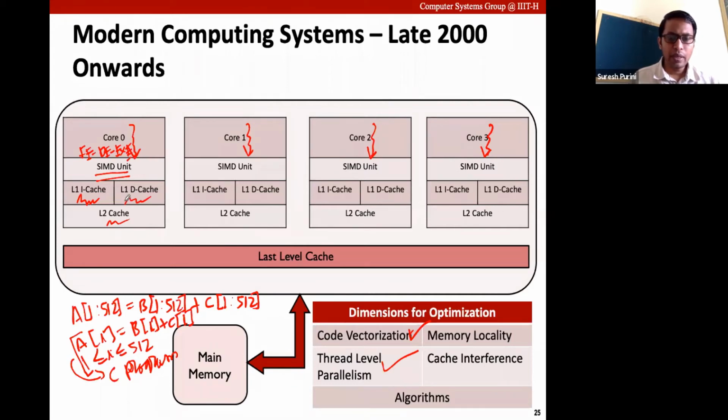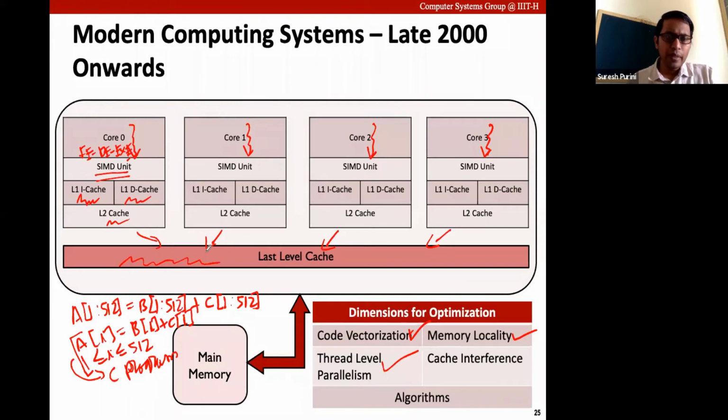And finally, there is a big challenge. You may have written your code, you may have taken a lot of pain in redesigning your code so that you use your memory hierarchy well. But the problem is, let's say this is the last level cache which is shared by all the processors. You bring some data into the LLC, and you want the data and instructions to be present there so that when you want them, they are readily available.